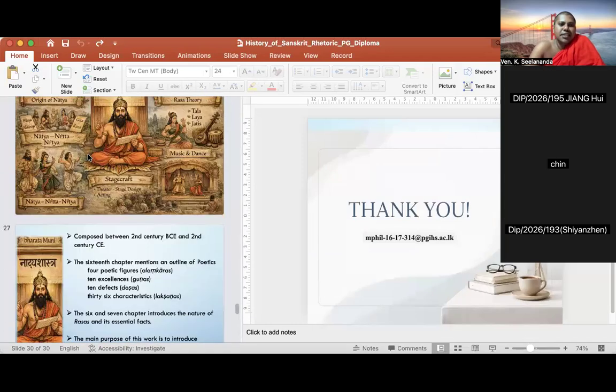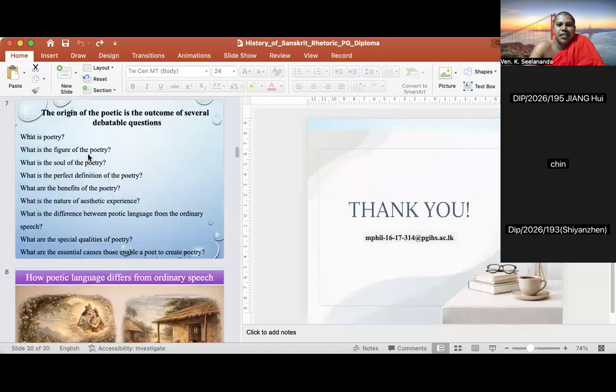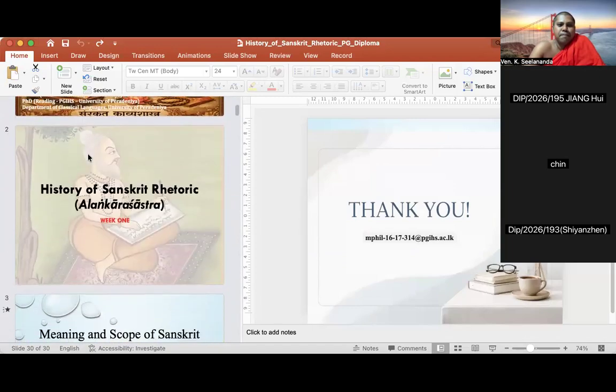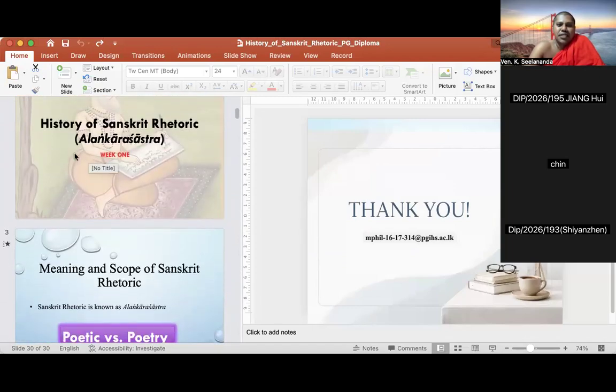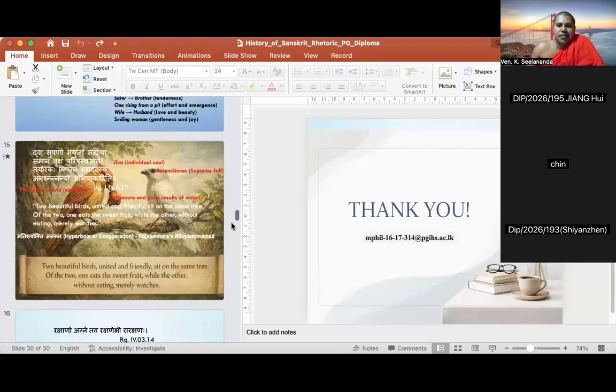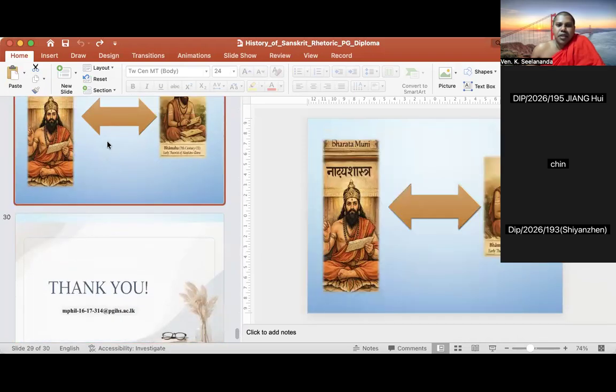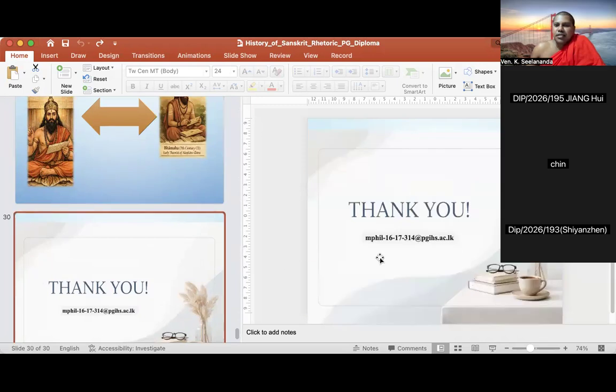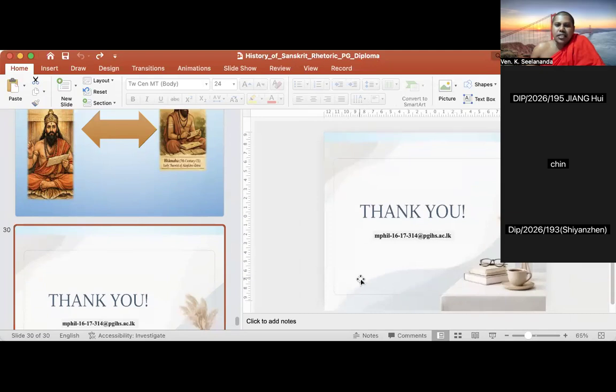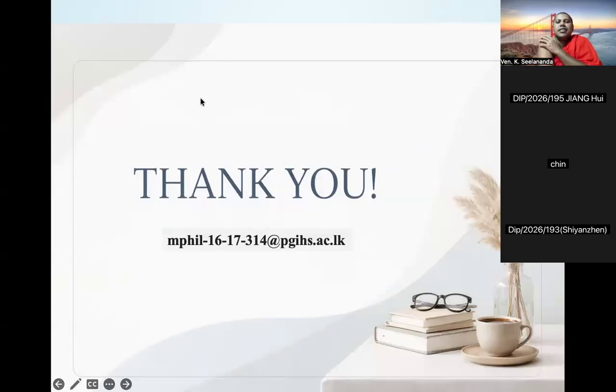Okay, this is the history of Sanskrit rhetoric or Alankara Sastra. You can find some information about this from the works and references I mentioned.